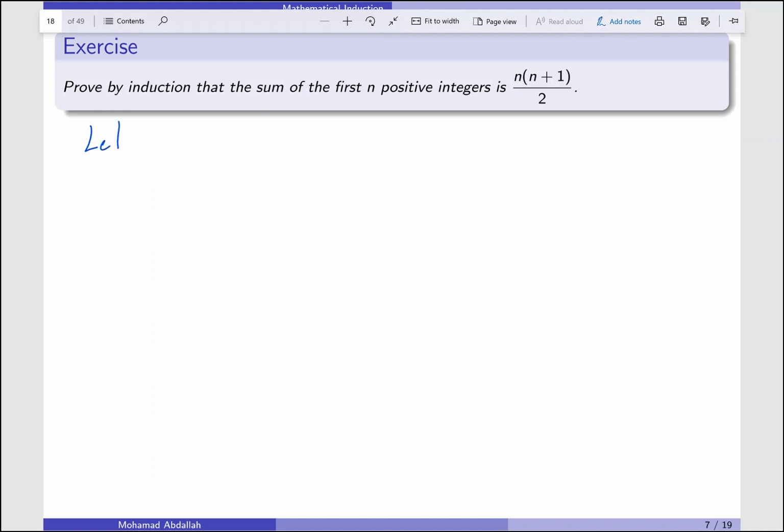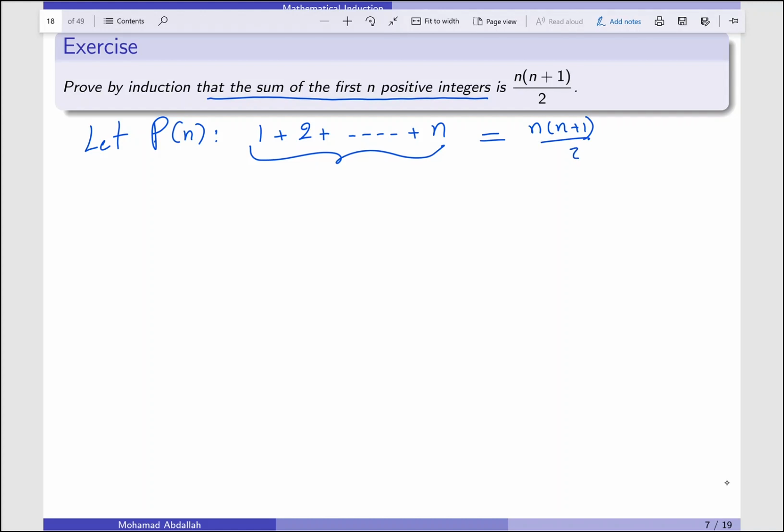Let Sn be, or Pn here, because I'm using Pn for this example, be the following statement, that 1 plus 2 plus up to n. So this is the sum of the first n positive integers. I want to show that this is equal to this. So this is the statement Pn that I want to show, like Sk or Sn in the previous definition.